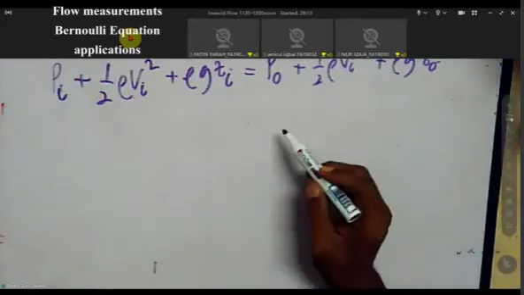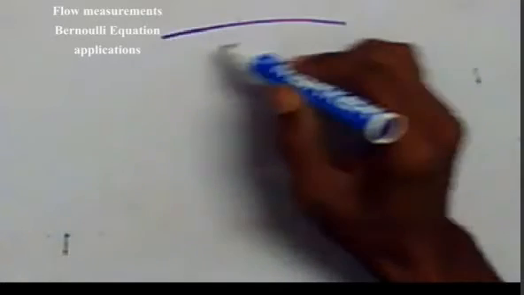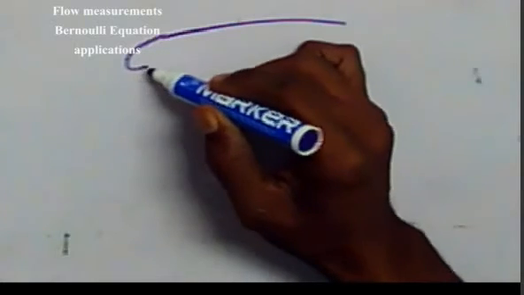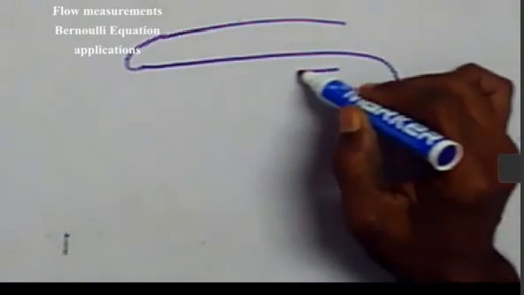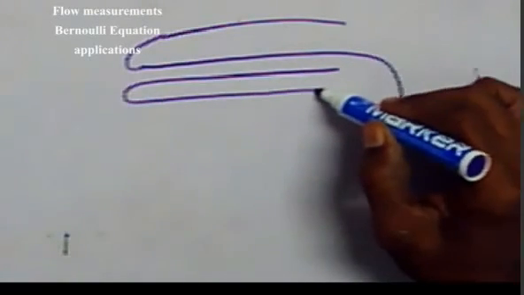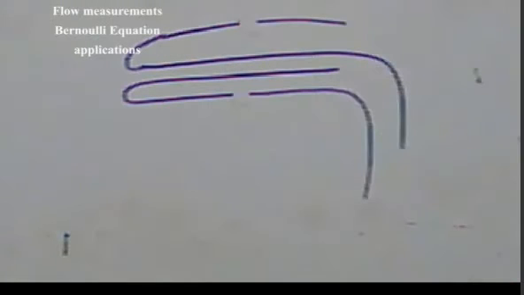Now, previously we looked at the pitot static probe, right? Let's say this is a pitot static probe. And then we have the pressure orifice.